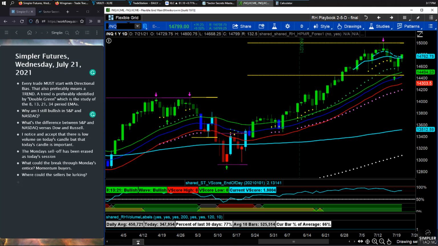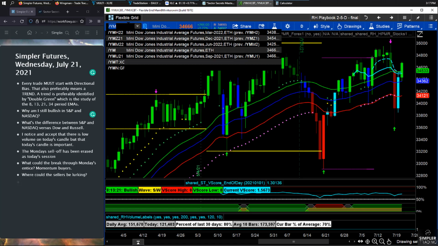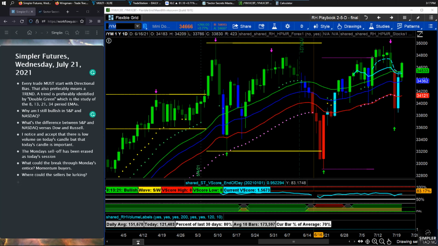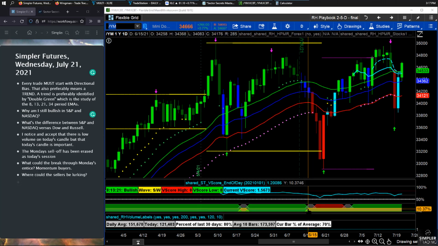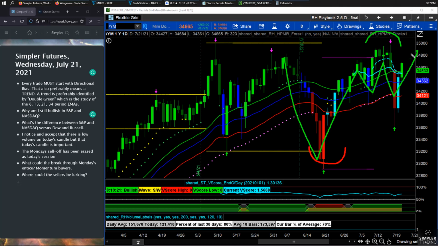So that then takes us over to the Dow. The Dow has not been trending since the middle of June. We have not seen trends in the Dow since the middle of June. A lot of volatility, back and forth, back and forth. Would I be mostly bullish the Dow?